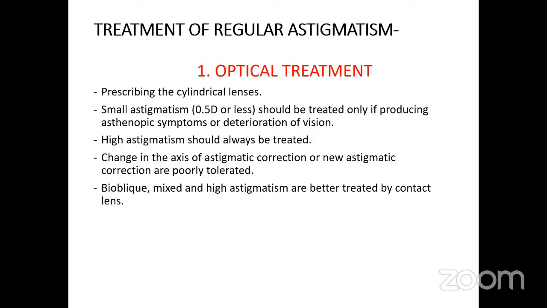Then the fourth thing is you have to ask the patient to wear the glass and then check the centration. How do you know how to check the centration with a torchlight or pen light?